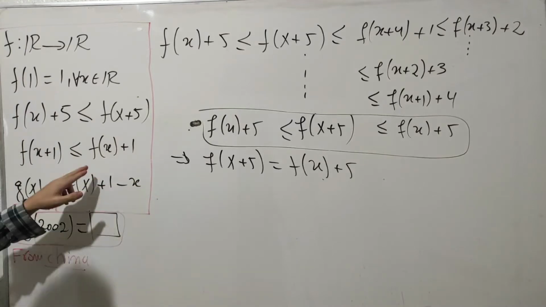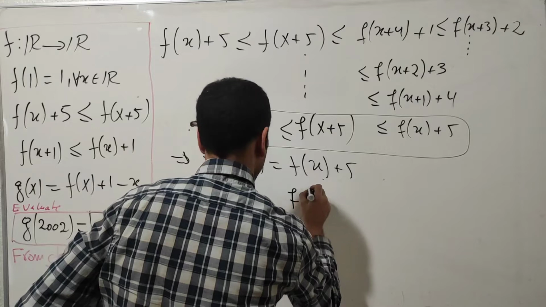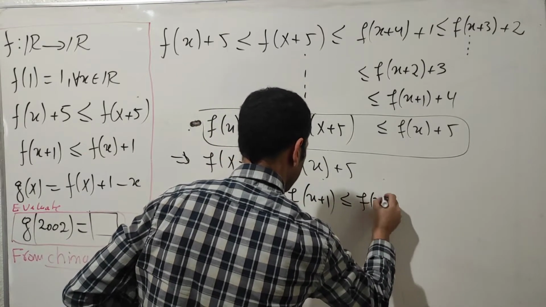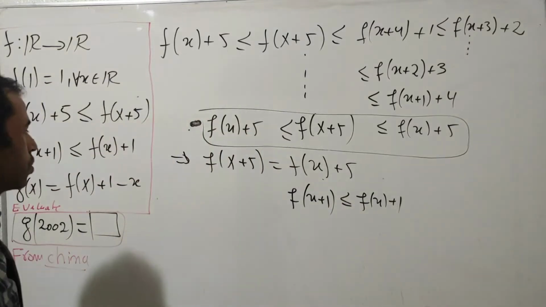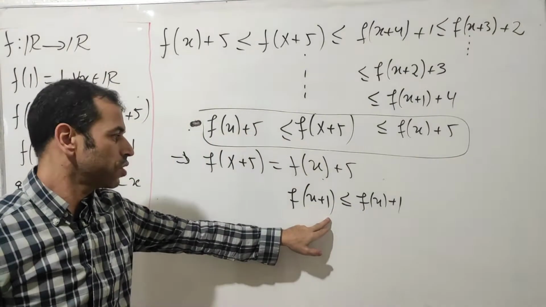What to do here, moving over to the third condition, we get f of x plus 1, which is inferior to f of x plus 1. So what I did here, I just wrote the condition over here.